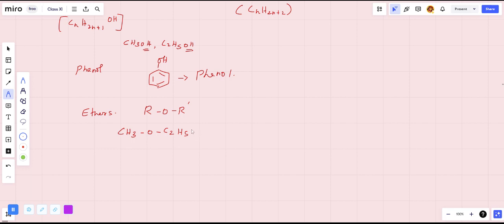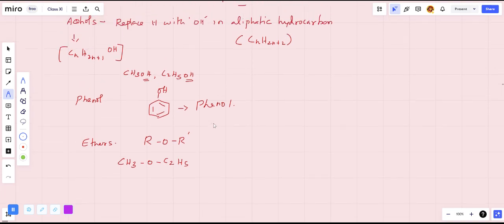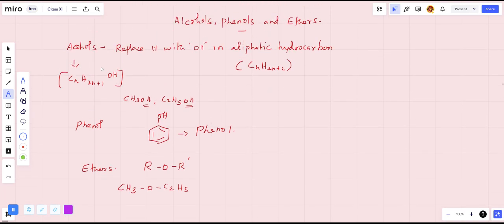Okay, I have just now started that alcohol lesson. Second lesson, which is alcohols, phenols, and ethers. What is alcohol? Alcohol means H is replaced with OH in aliphatic hydrocarbon. So it's like this: CH3OH, C2H5OH. So this is alcohol.